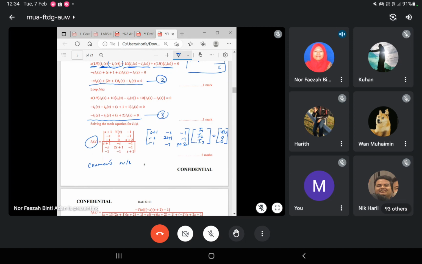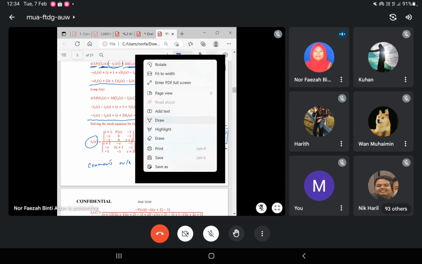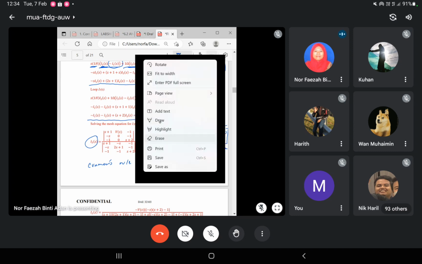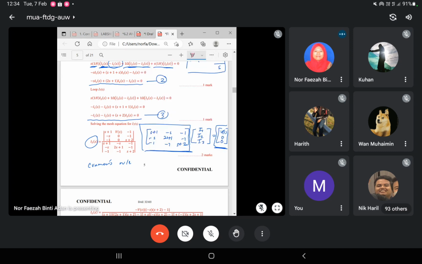How to use Cramer's rule. So you ada main matrix. Ini adalah matrix you yang utama. And also your output matrix. Okay, ini main matrix ni, penting. And then this is the output matrix. Okay, so I2 dia adalah dekat kolom number 2.